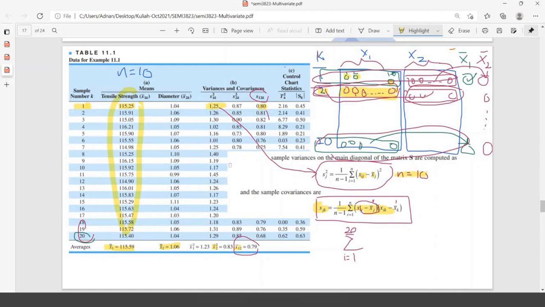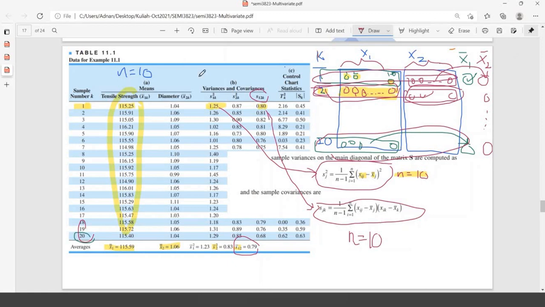So this is why I put 10 here. When you are calculating, I think there is a big confusion here because we have subgroup and this formula is to get this value. And again, I made a mistake just now. Actually the n here is also 10, not 20, sorry, it's 10.